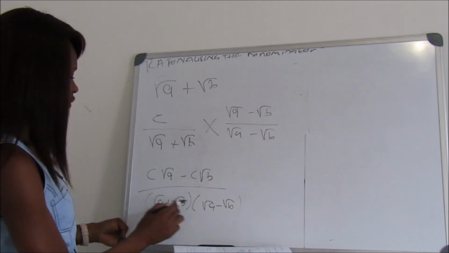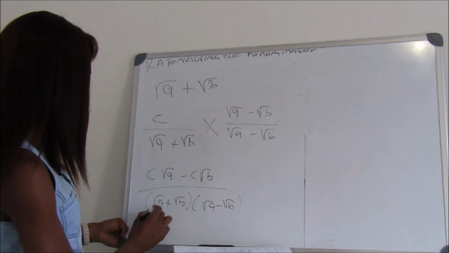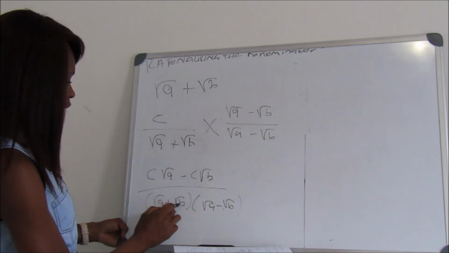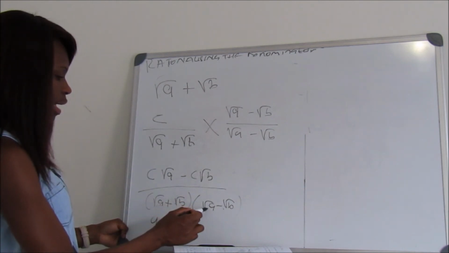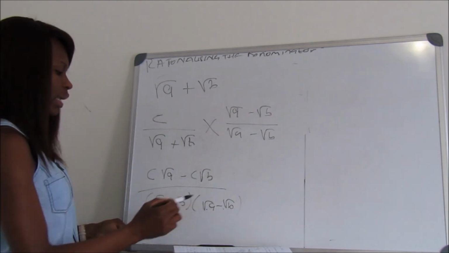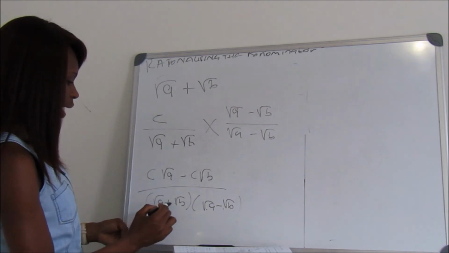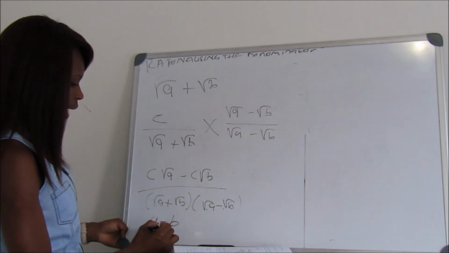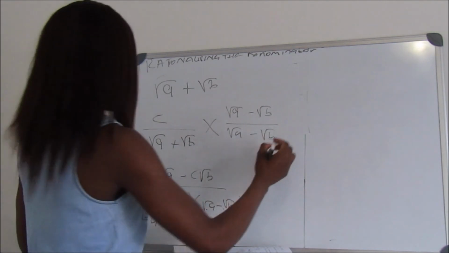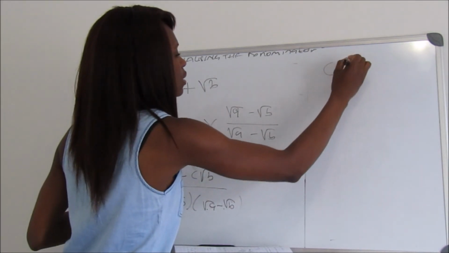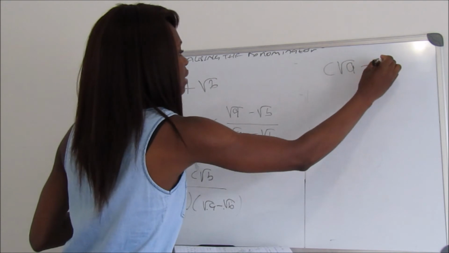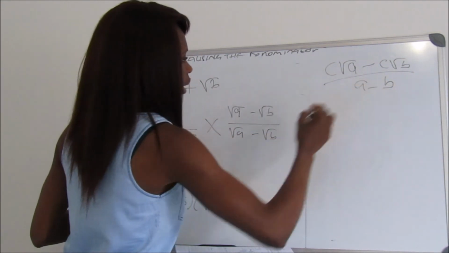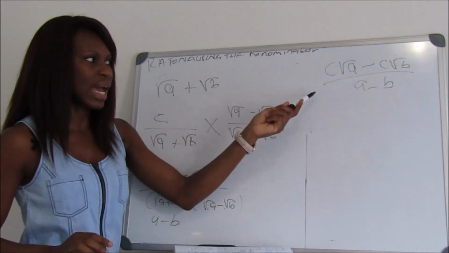The square root of a multiplied by the square root of a is a, and the square root of a multiplied by the square root of b will cancel with the square root of b multiplied by the square root of a. Then we are only left with the square root of b multiplied by the square root of b, which is minus b. So we are left with c square root of a minus c square root of b, divided by a minus b. Now we have rationalized the denominator.